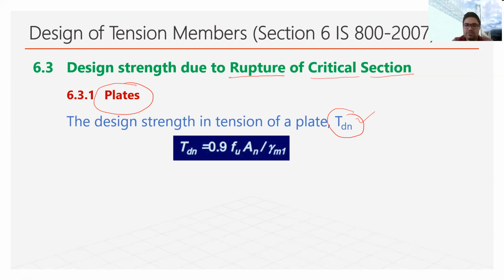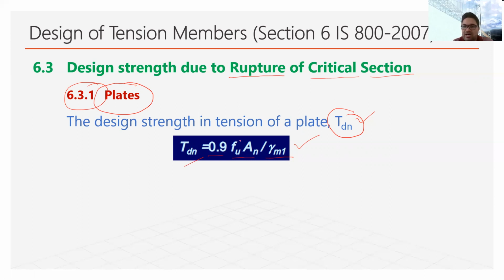What will be the value? In case of TDN, we use this formula: 0.9 multiplied by Fu into An divided by gamma m1. The same relation is given in the IS code, so you can refer to Section 6.3.1, and there you will find this relation to calculate the design strength due to rupture for plates.